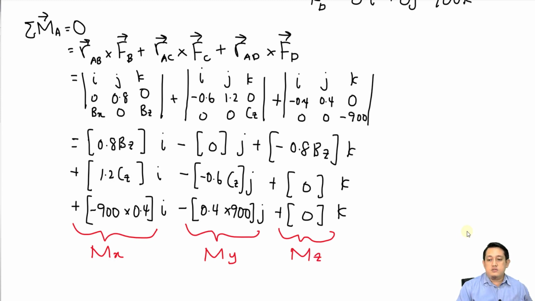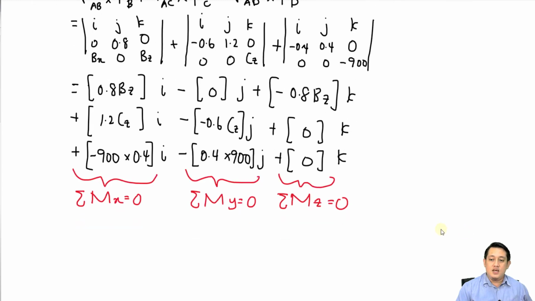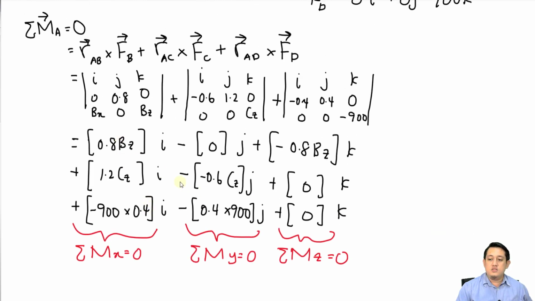Because everything is in equilibrium, the total of Mx is equal to 0, the total of My is equal to 0, and the total of Mz also equals 0. So from here we can create equations to solve for the unknown values.